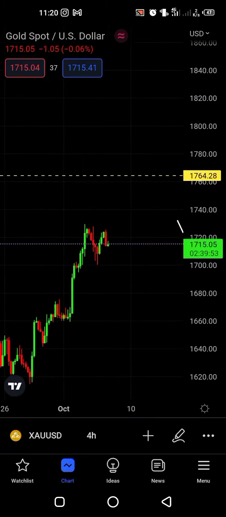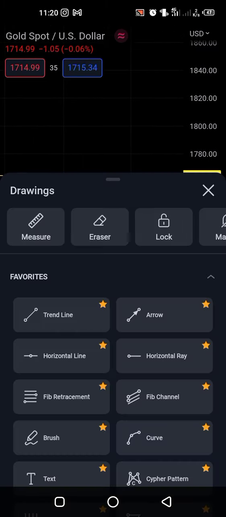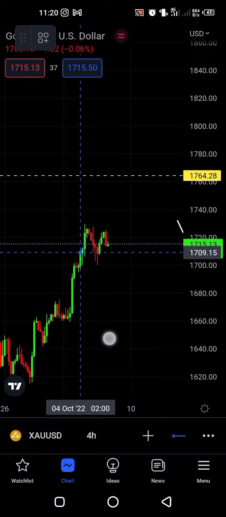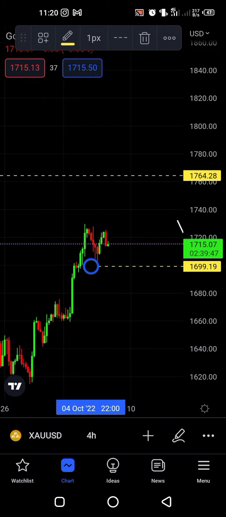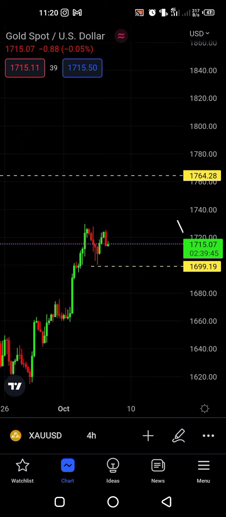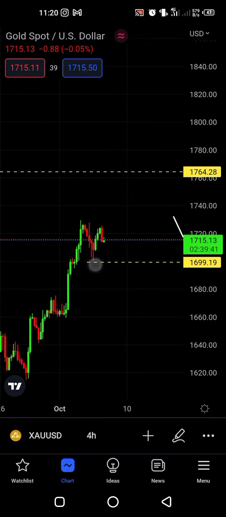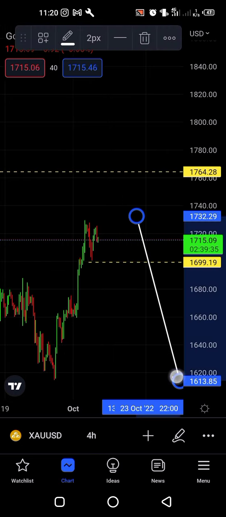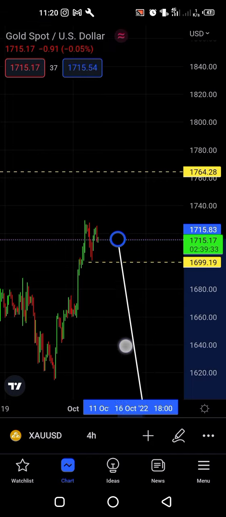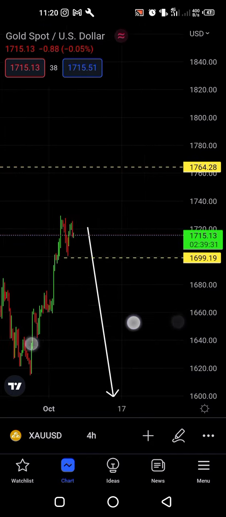At this point, you believe that for this market to sell, it has to break this level first before it will continue selling. Then you can place your order below the current market price.